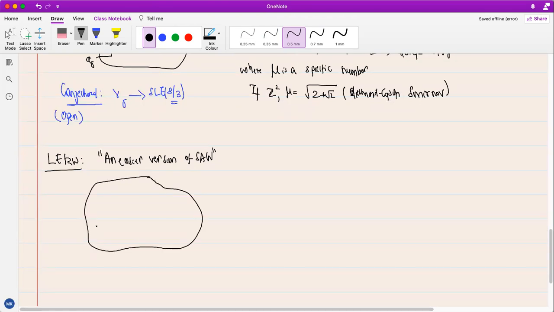It's an easier version, so again, let's take some lattice, omega delta, A delta, B delta. You can imagine that we have filled it with delta Z2 or some other lattice.